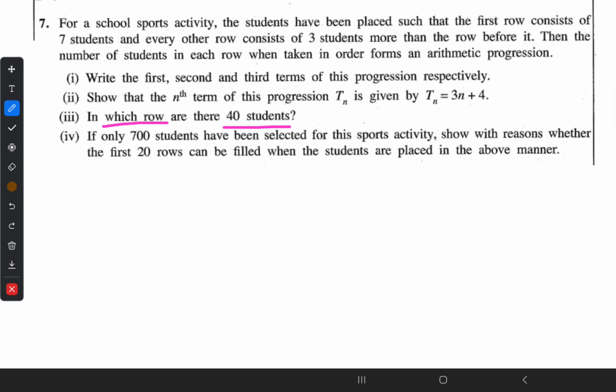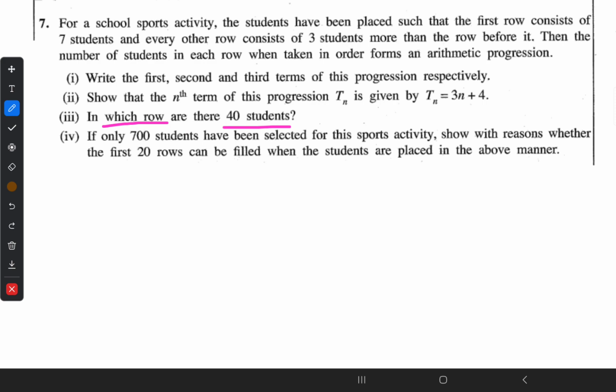If only 700 students have been selected for this sports activity, show with reasons whether the first 20 rows can be filled when the students are placed in the above manner. In the above manner, so you should show that up to the 20th term, 20 rows, there are 700 students.